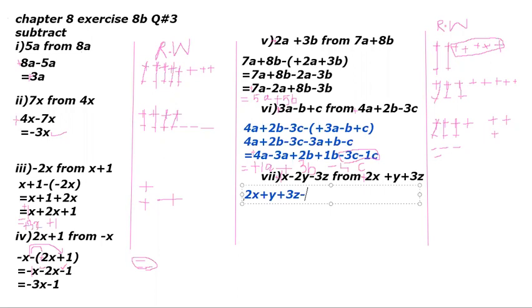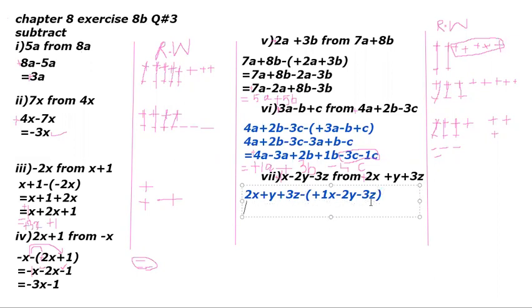Now I need to use parentheses as I told you earlier. Now I write plus 1x and negative 2y and negative 3z, parenthesis closed. What I have done: negative sign and introduction of parentheses.